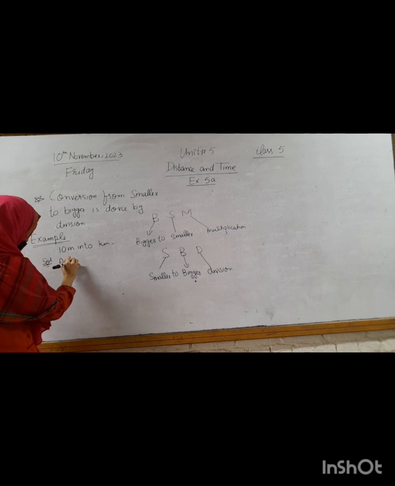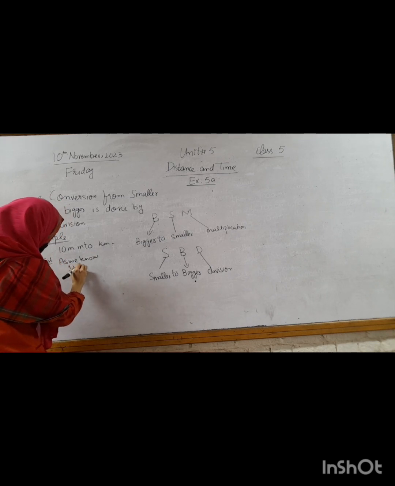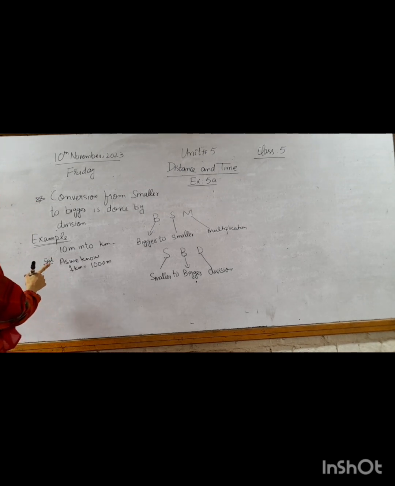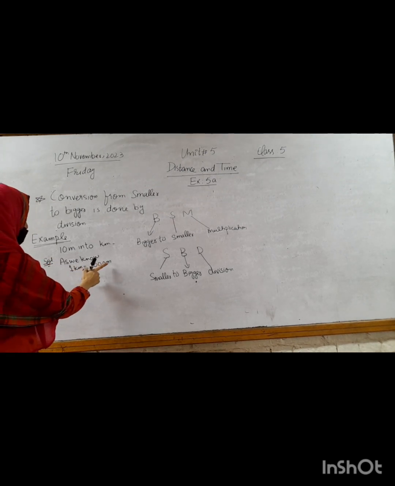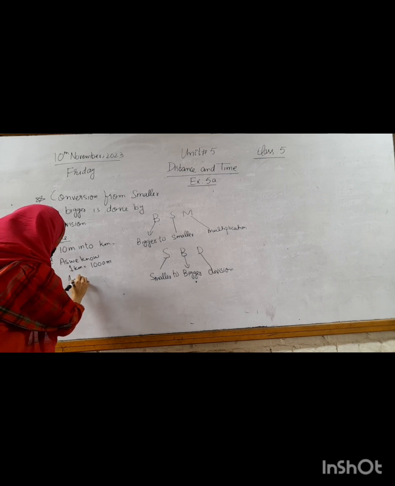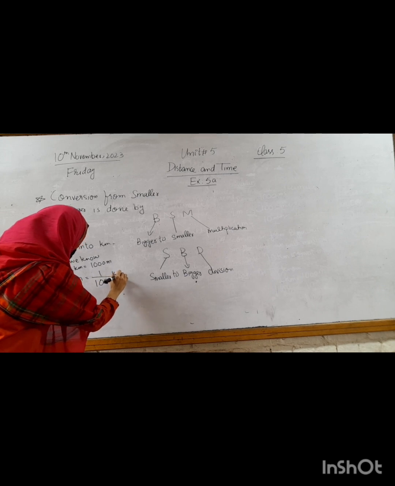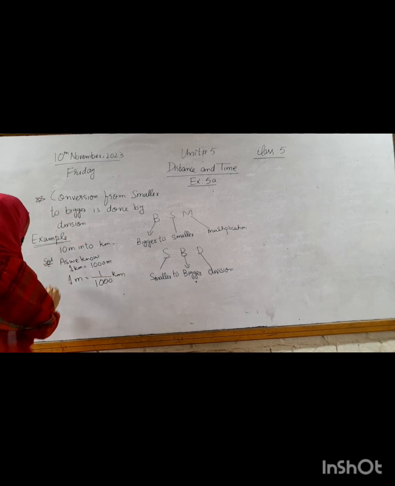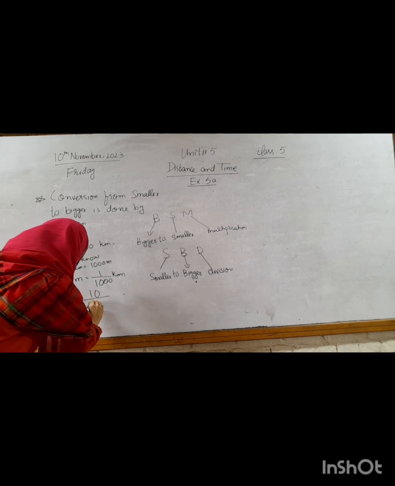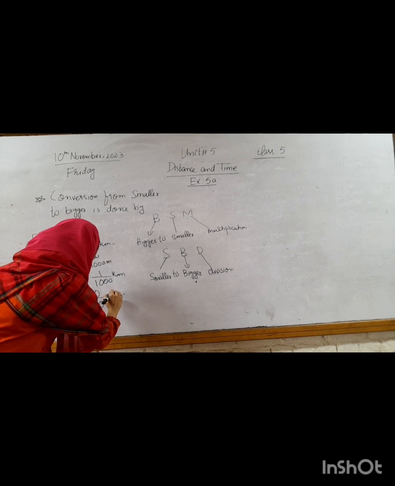As we know, 1 kilometer is equal to 1000 meter. So when we convert meter to kilometer, 1 meter is equal to 1 by 1000 kilometer. So 10 meter is equal to 10 by 1000 kilometer.